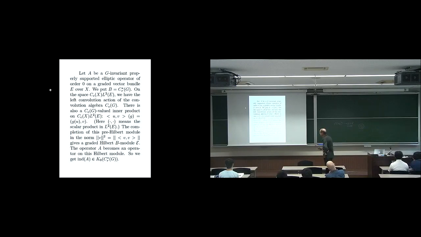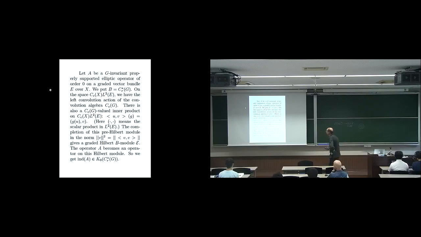So we define the inner product with values in this convolution algebra, and then we prove that this inner product is good enough, satisfies the axioms, positivity, etc., and we define the new norm on this space, and complete in this norm and get a Hilbert module over B, where B is just the C star algebra.